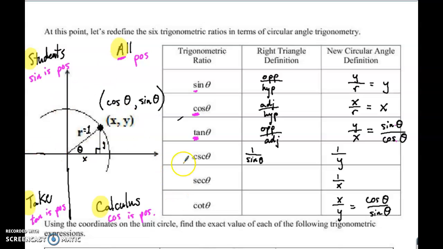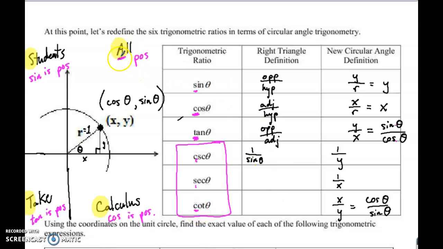Now, this acronym does not even consider these three, but remember, these three are just reciprocal functions. So if sine is positive, then cosecant is positive. If cosine is positive, that means secant is positive. And if tangent is positive, cotangent is positive as well.